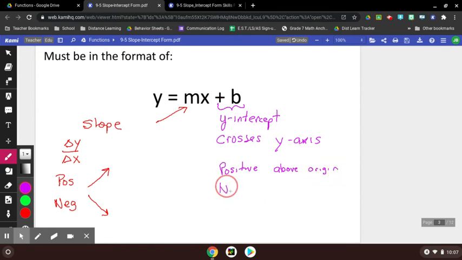If it is negative, it crosses below the origin. And you've guessed it, if it's 0, it crosses at the origin.